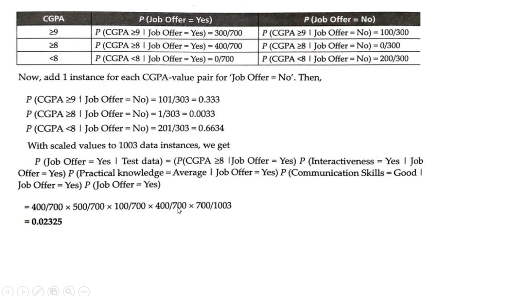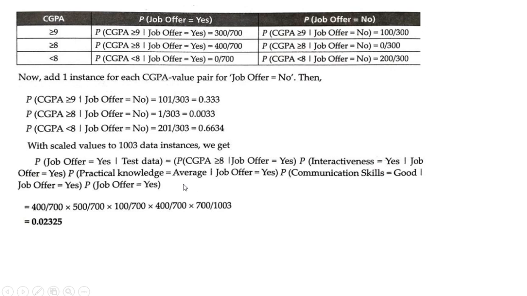Now look at this table and fill this equation. Probability of interactiveness equal to yes. I did not make any change, it remains as it is. The last probability of practical knowledge, this also is 100 by 700, it remains as it is. Probability of communication skills remains as 400 by 700, into the probability of job offer yes.